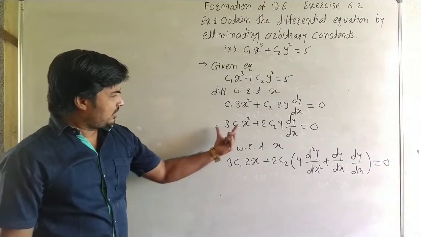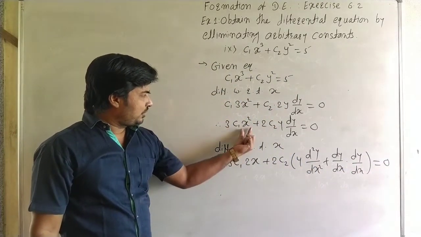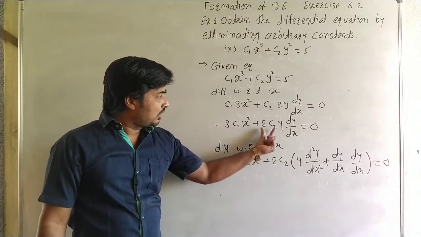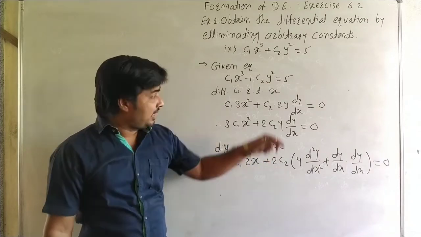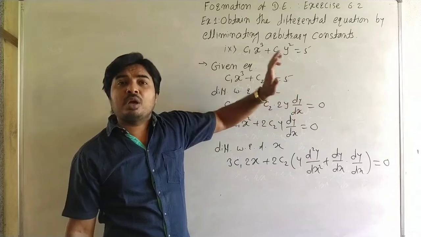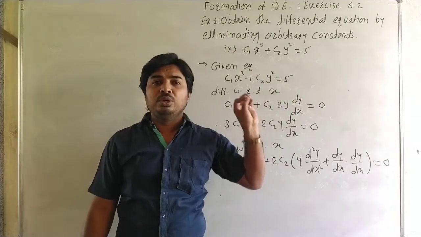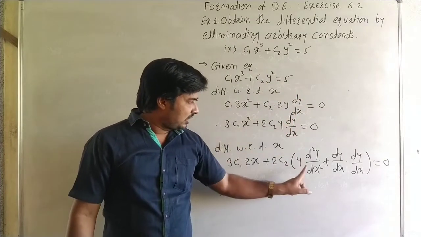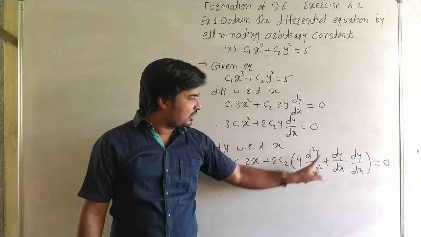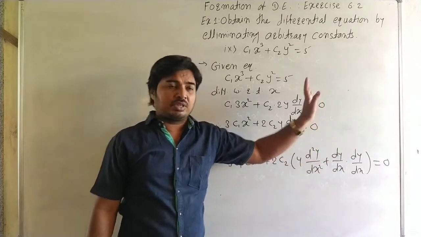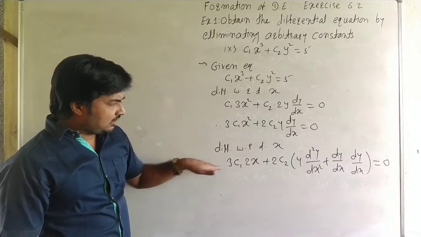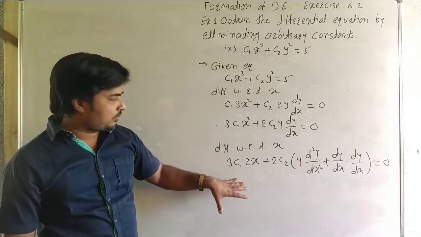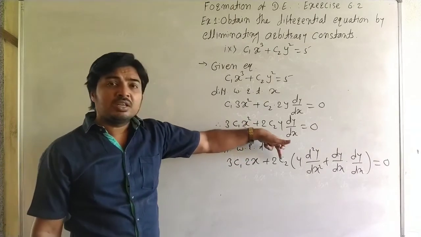Again, 3c1 as it is, derivative of x square is 2x, 2c2 as it is, and here derivative of y into dy by dx, again we use u into v: first as it is, derivative of second, plus second as it is, derivative of first. Now again there are two arbitrary constants present, c1 and c2.